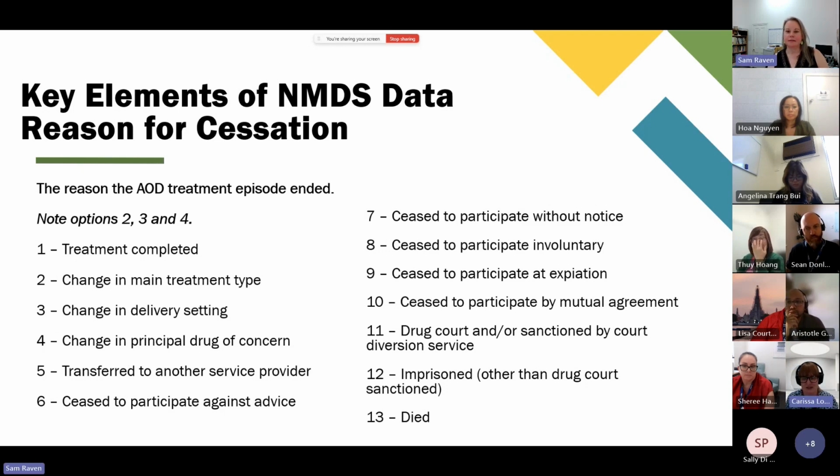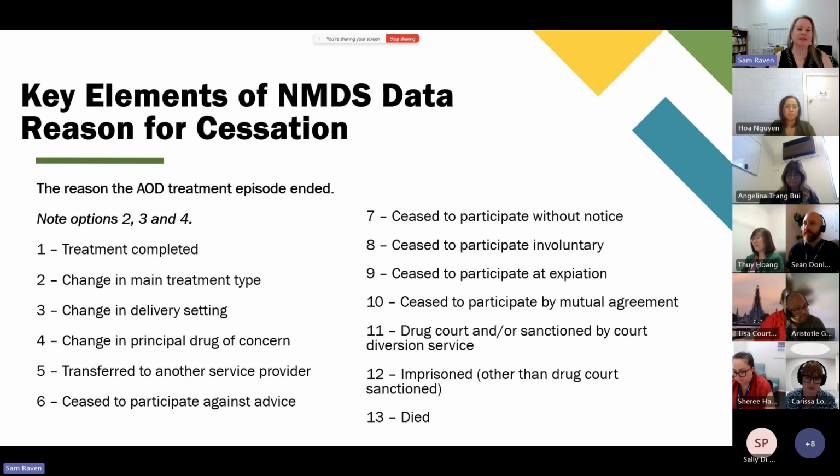I guess they have to come to the very last session and do the final ATOP to be considered treatment completed. For the purposes of the NMDS, it's kind of silent on what treatment completed means. It's what your service says that treatment completed means. Every model of care is different. So if your model of care is eight sessions over however many weeks, then you can count that as treatment completed.